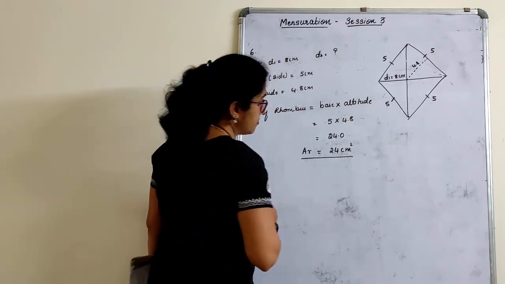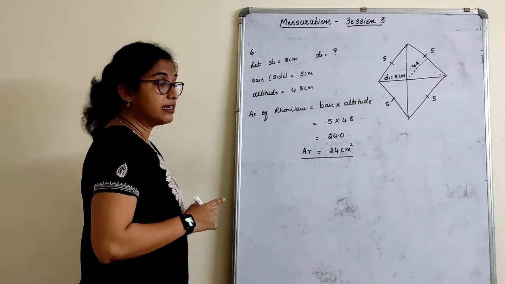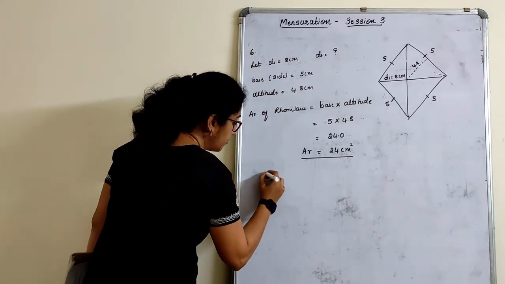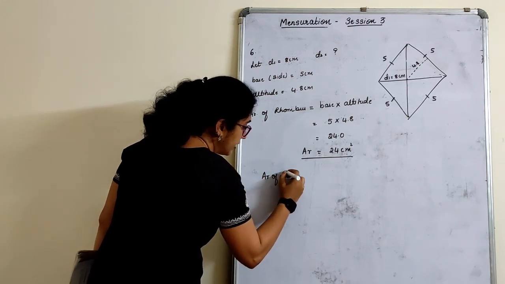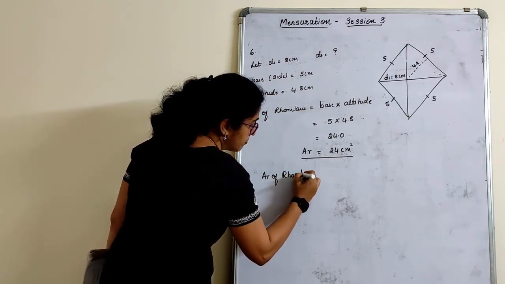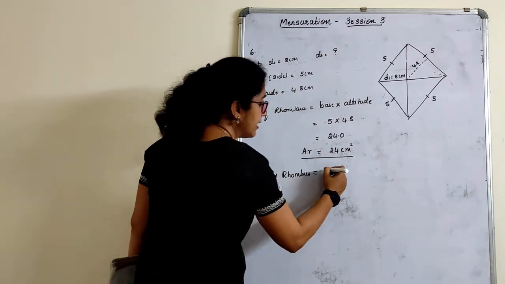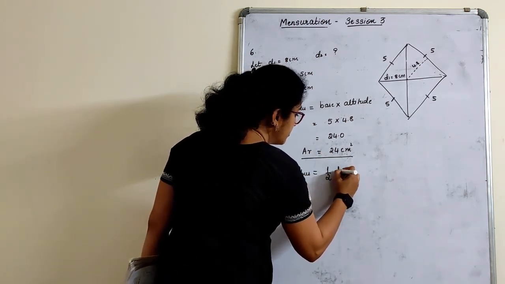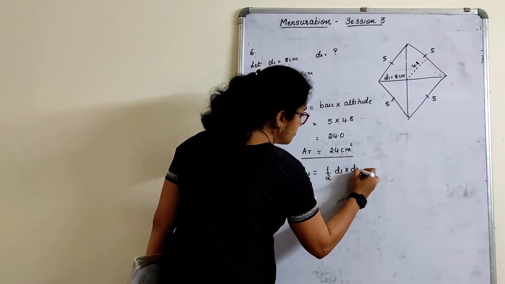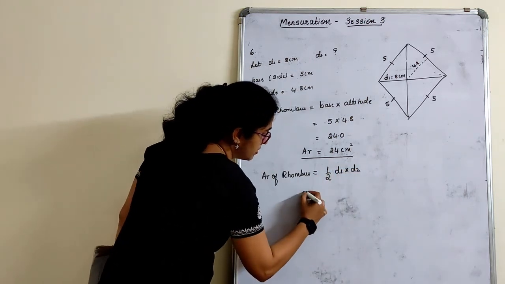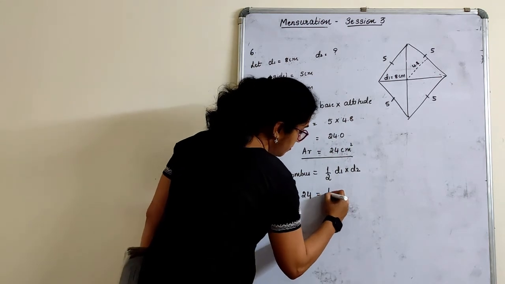Keep this as it is. Area we found out, but we want diagonal there. Use again the same formula. Area of rhombus is equal to, again don't use base into altitude. Now use half d1 into d2. Why? What is area of rhombus? 24. Half.